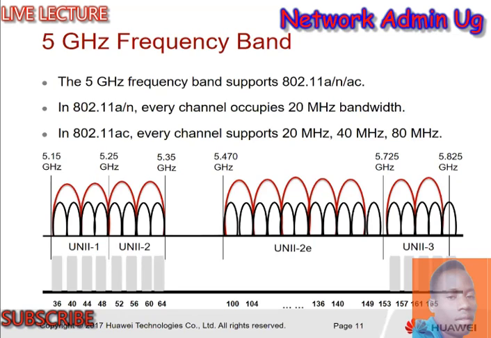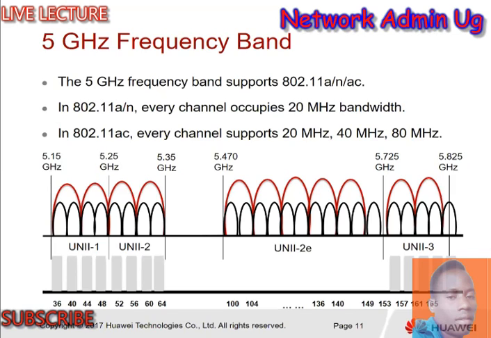So that means it is able to support the binding of these various channels that run at 20 megahertz to form 40 megahertz. Though the higher technologies like 802.11ac support much more than that. It does not only support the binding of 20 megahertz channels, it can support binding of more and more.